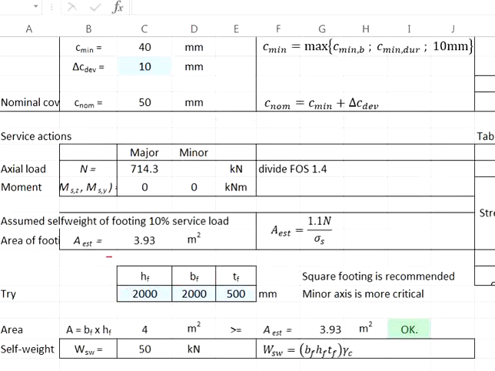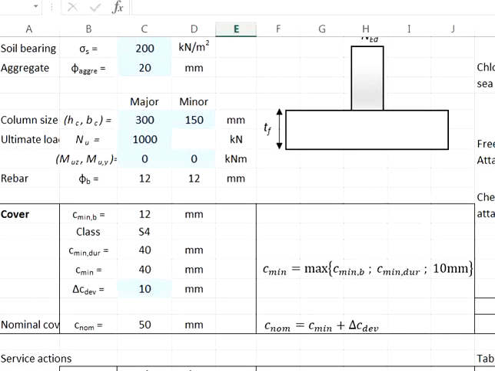Now that we need to estimate the size of the pad footing, we will need to get the surface load. However, in this case, the loading given is the ultimate load, where you have the factor of safety incorporated in already.